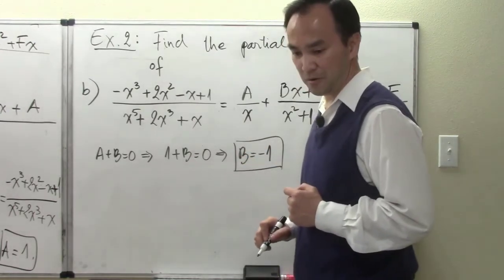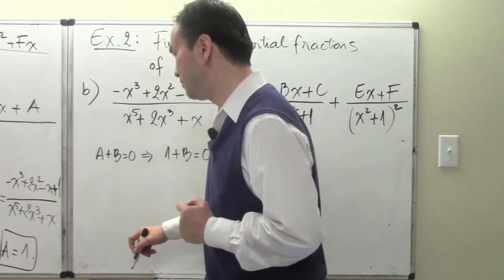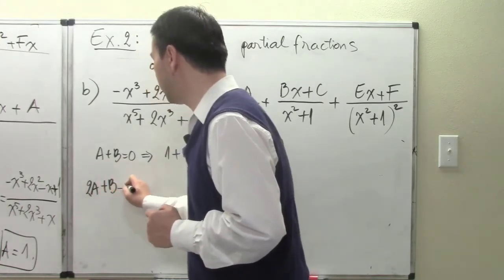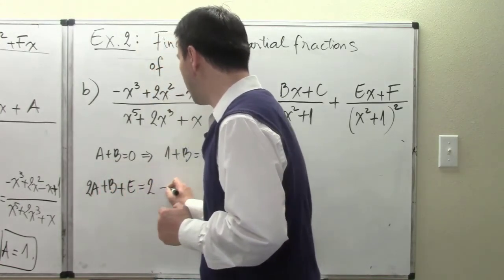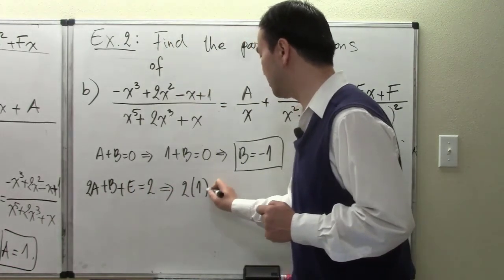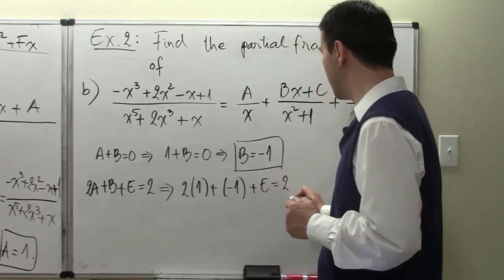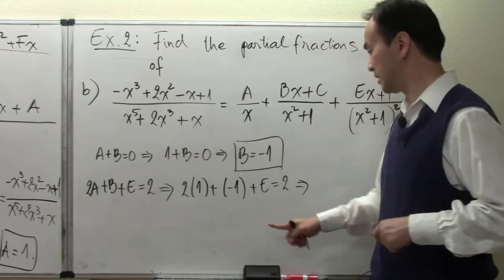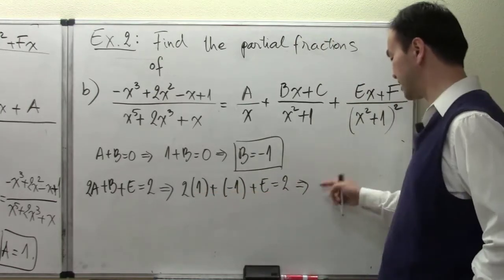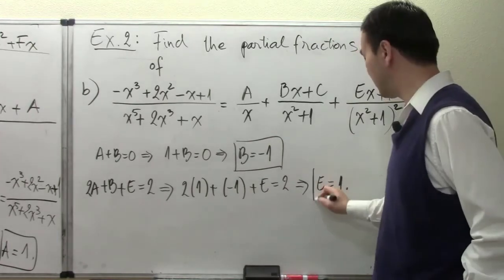Now in the next one we know a, we know b, so this equation 2a plus b plus e to equal 2 leads to 2 times 1 plus -1 plus e to equals 2. That's 2 with a -1, so it's a +1 altogether here, but subtract to the other side, so e equals 1. Okay, and so we found a value for e.